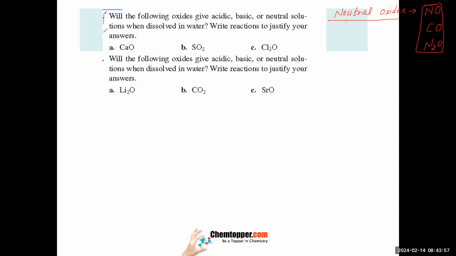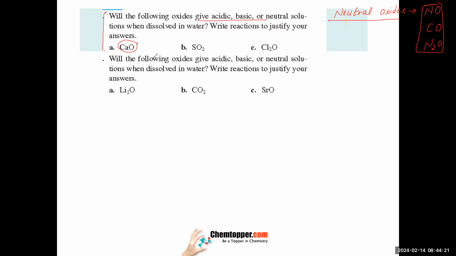Can you answer this question? Yes. What is this? Acidic, basic, or neutral? Just tell me whether it is acidic or basic. So check. Is it a metallic oxide or non-metallic oxide?